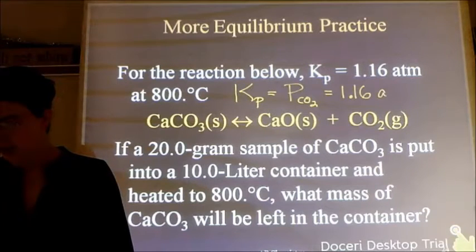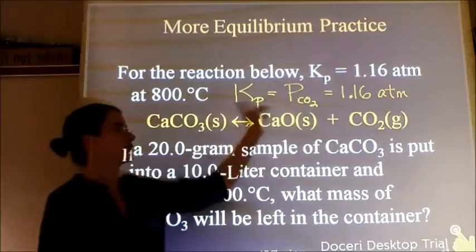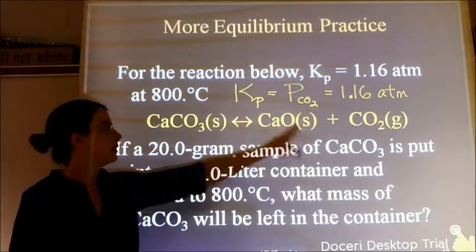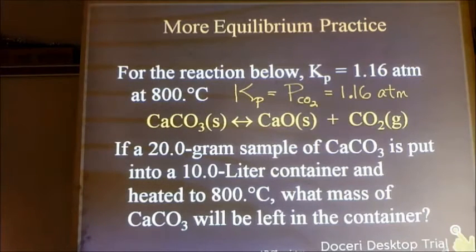So all that has happened here, guys, is basically they've given us a sneaky way of telling us what the pressure of carbon dioxide is. Okay? That's all they've done there. All right, so I have the pressure of CO2. Let's continue.